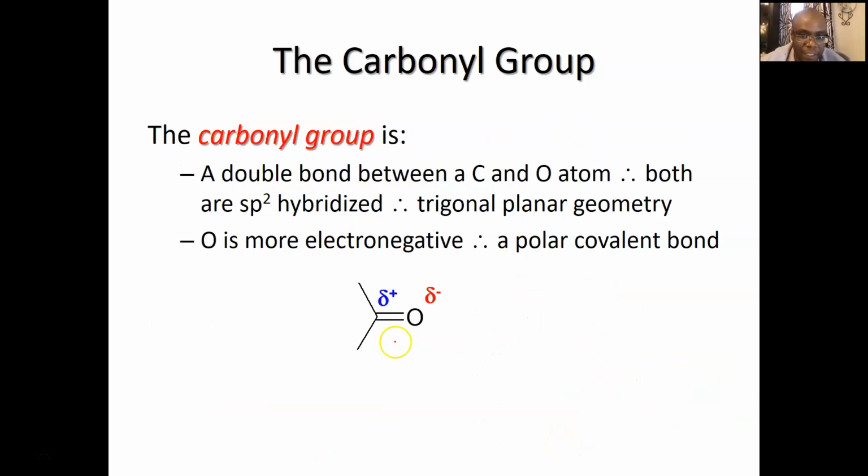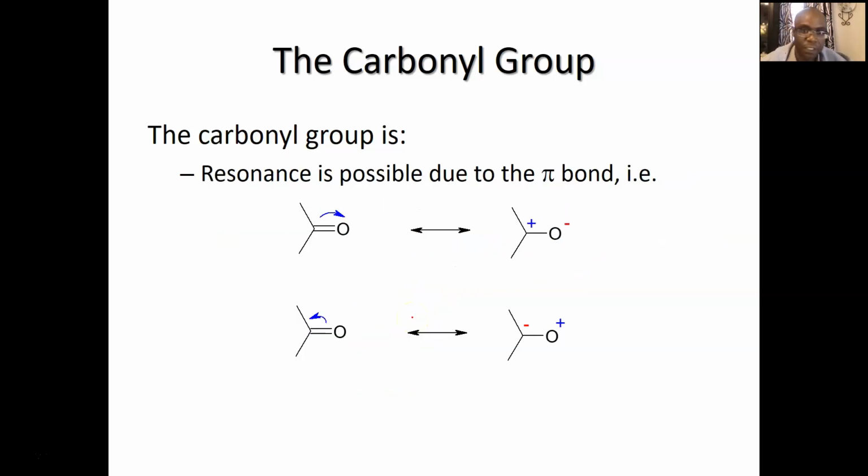So like I said, dipole moments will make oxygen partially negative and the carbon partially positive, and this is the case of a ketone. The covalent bond here is polar because we have the partial charges. Which means one can draw resonance, so you can push the electrons towards the electronegative oxygen, because again dipole moments point towards the oxygen.